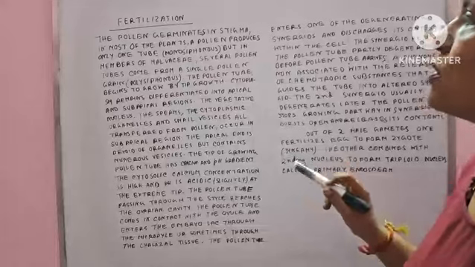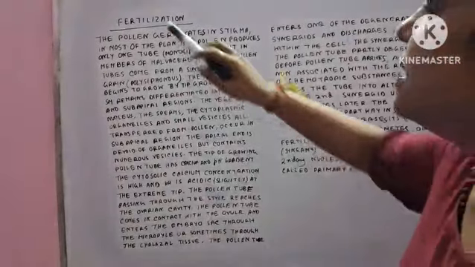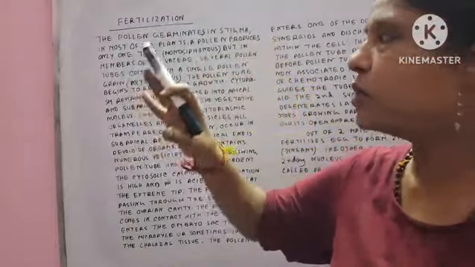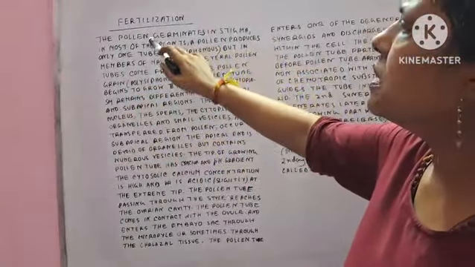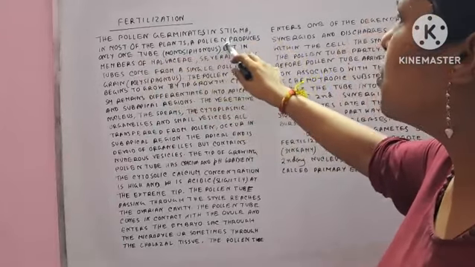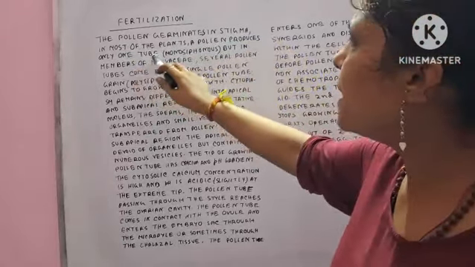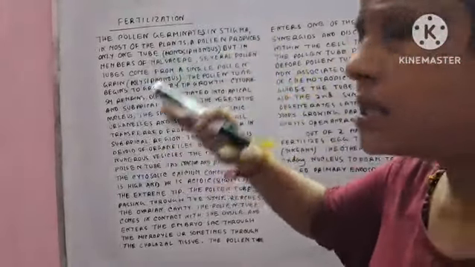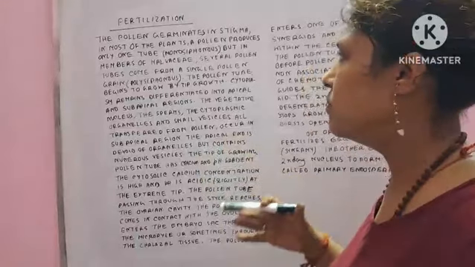In the fertilization process, the pollen germinates on the stigma, which is the female reproductive part of the flower. When pollen germinates on the stigma, in most plants it produces only one tube, the pollen tube.